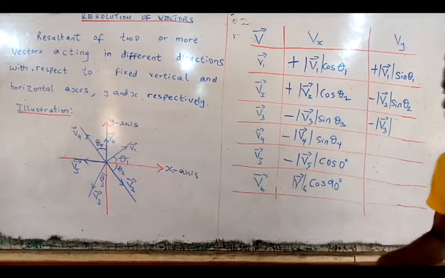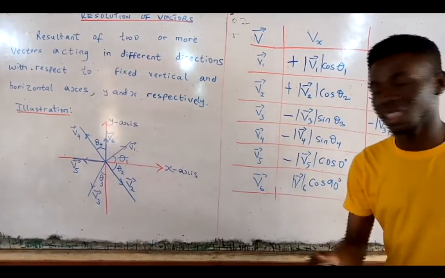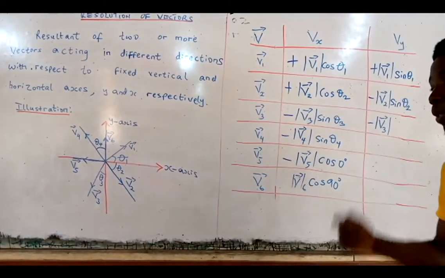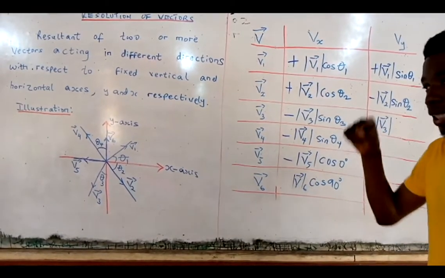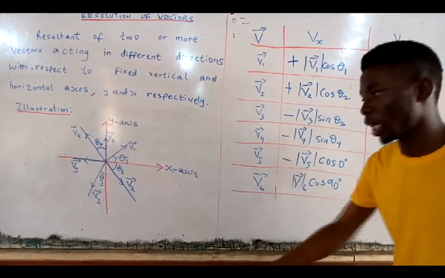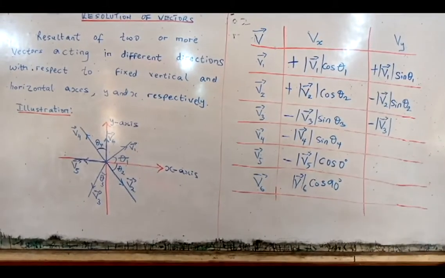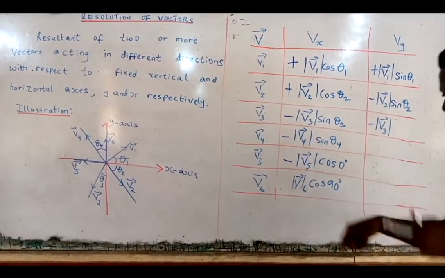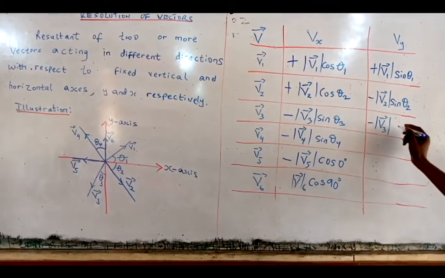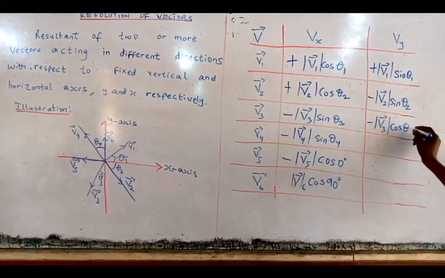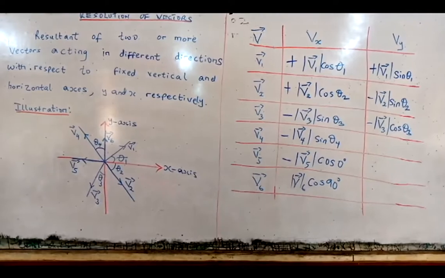That implies that we are going to make use of cosine of theta 3, simply because the angle is directly in between the vector that I'm resolving and the axis that I'm resolving to presently. So I will make use of cosine of angle theta 3.